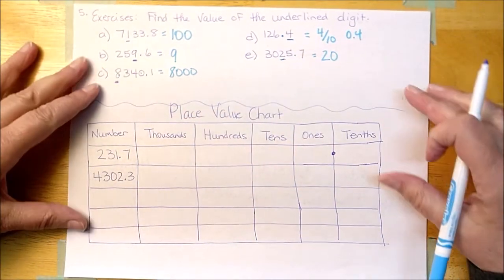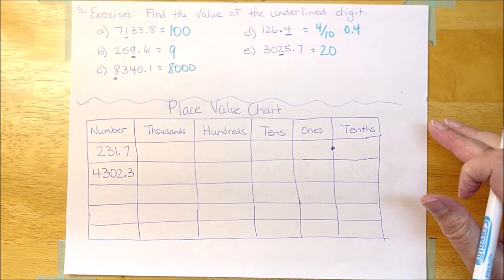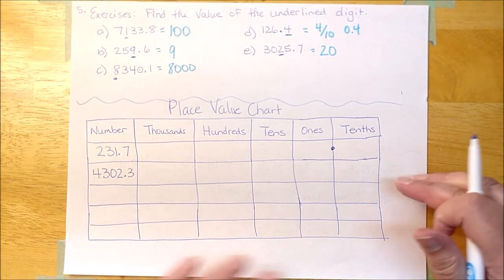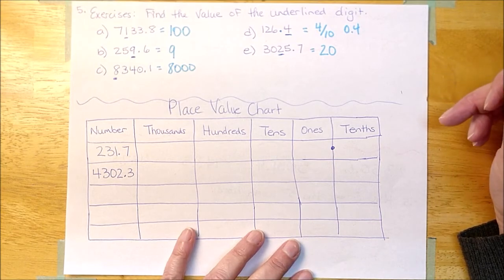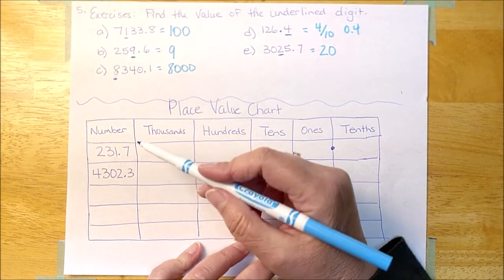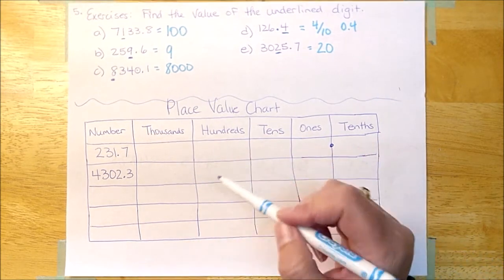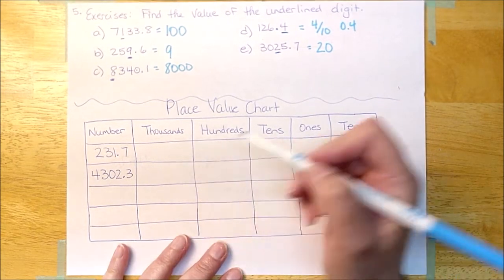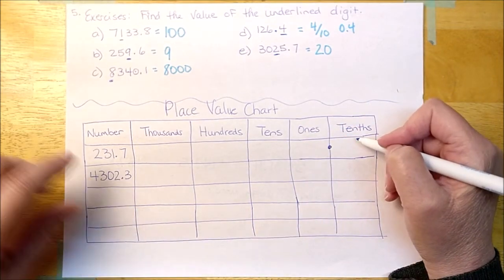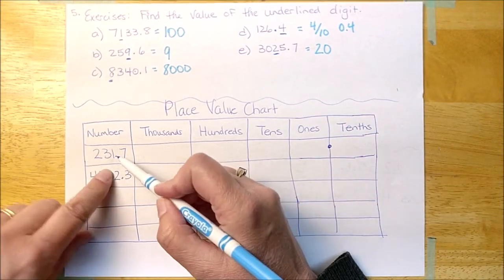That was great work. So now I have what we call a place value chart. I have given you a number, and we need to tell what parts of it are in the thousands, hundreds, tens, ones, and tenths. So if I'm looking at this number, here's my decimal.